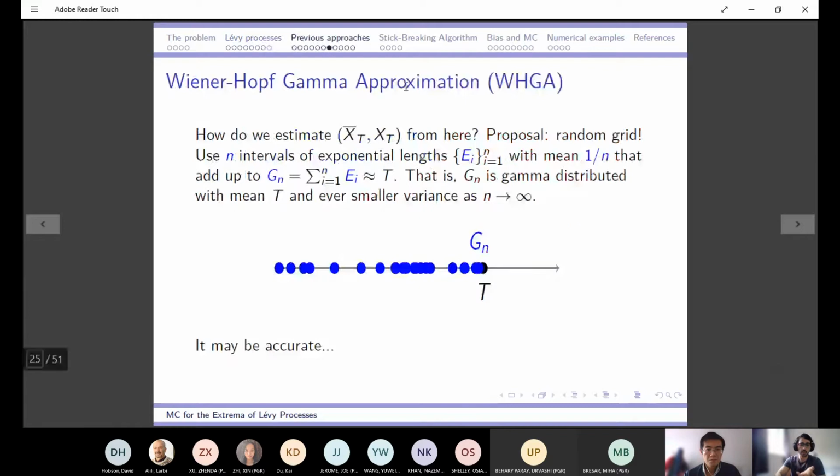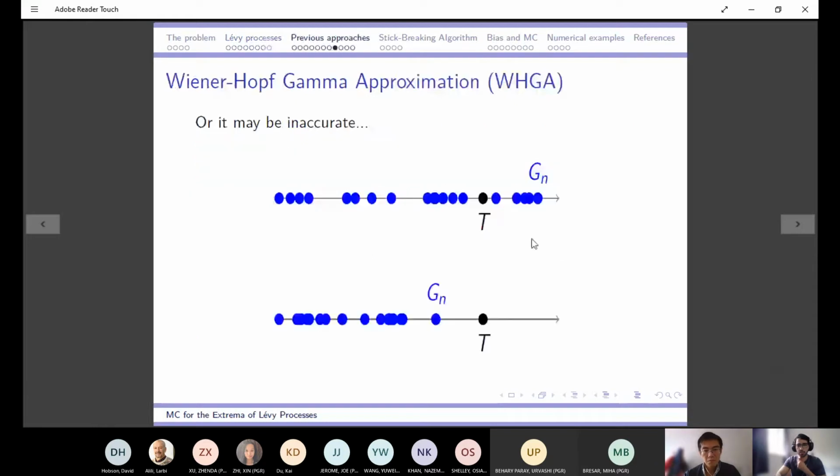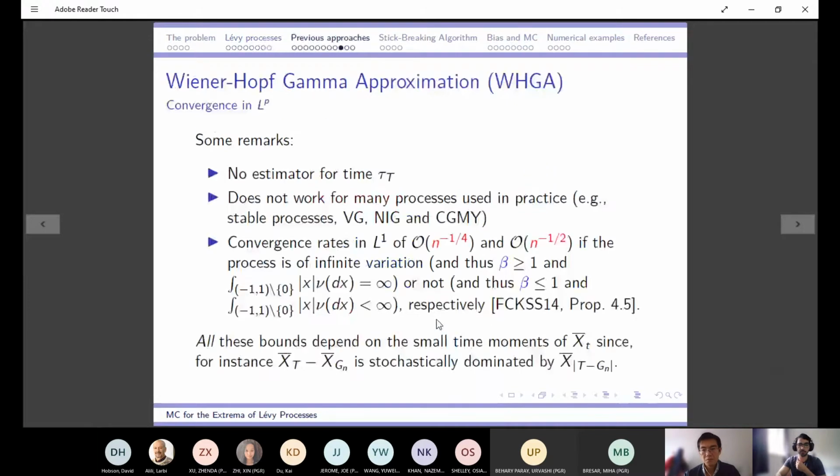This Wiener-Hopf gamma approximation, as I said, just draws an exact sample of this guy over this variable Gn, which is the sum of some exponentials, which is hopefully close to capital T. So sometimes it can be quite close to capital T, sometimes it can go way beyond, or it can fall short, right?